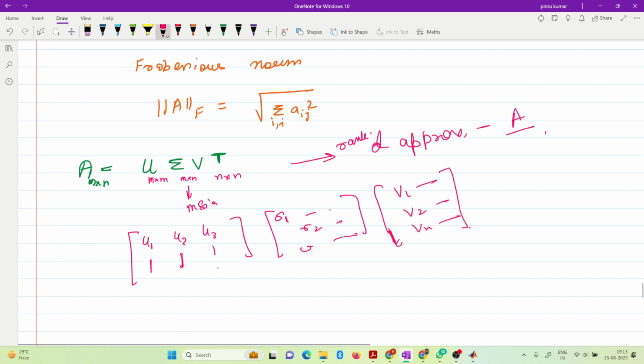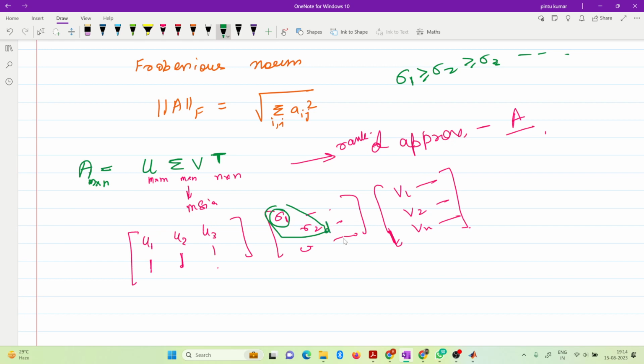Now, what I do is I just pick the first D singular values in order of their value. So if my sigma 1 is greater than sigma 2 and sigma 3 and so on, I pick them in that order, pick the first D ones, and put the rest of them to be 0, or I just ignore those columns.